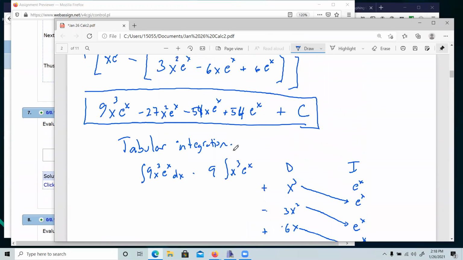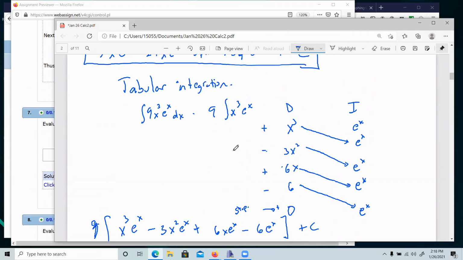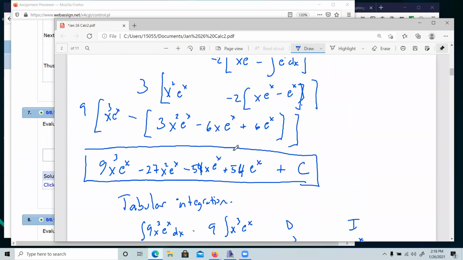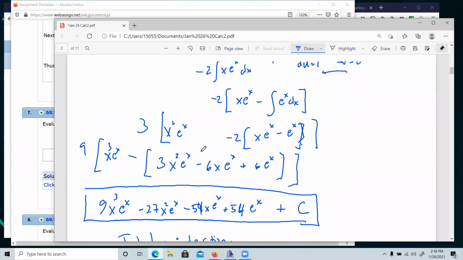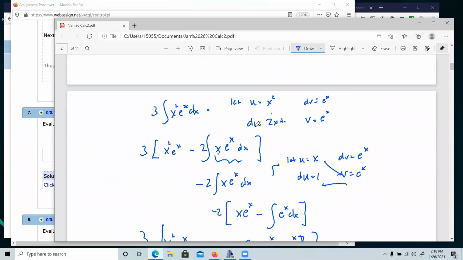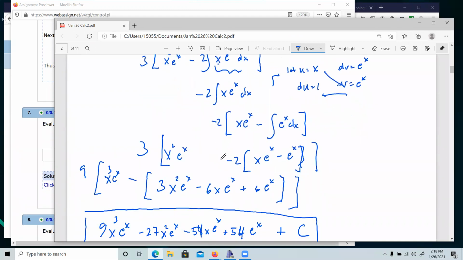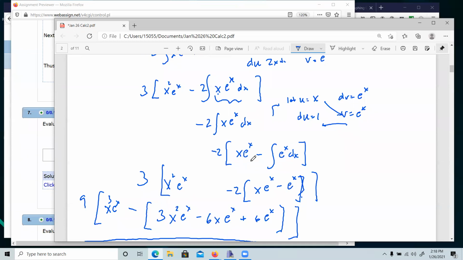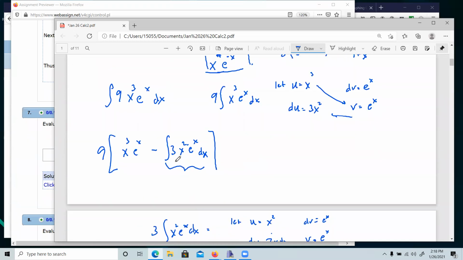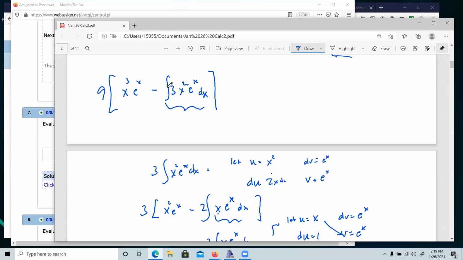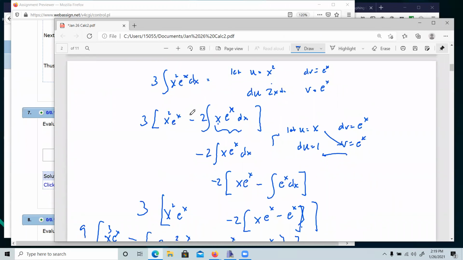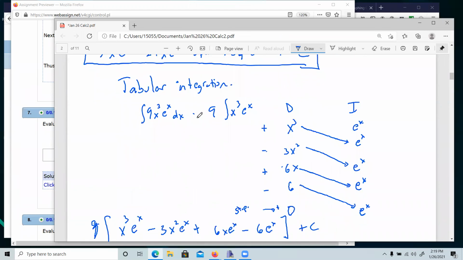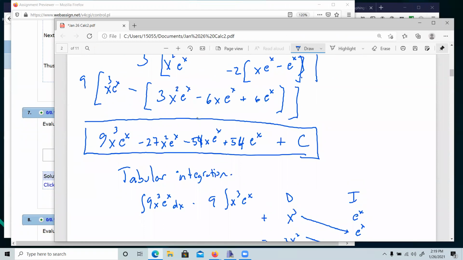Maybe a sign is off. We'll chase this sign down. Oh, there's a negative out in front here, isn't there? So some of these are going to be off. We have to be careful about that.